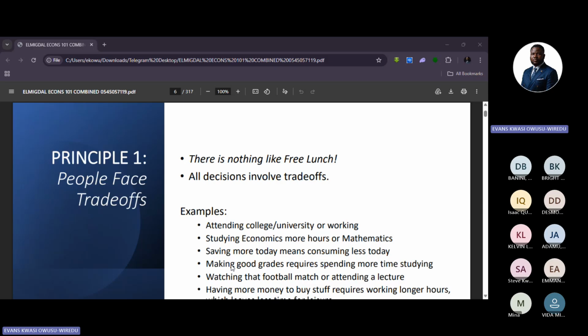Leverkusen and Olympiacos is playing, and you choose to be in an economics class. You have made a decision.